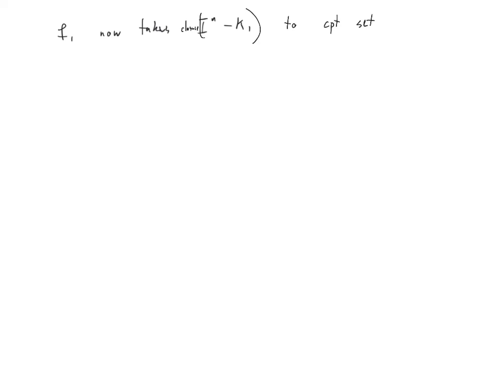And it's a compact set in the target, which misses B1. Missing 0 in particular.